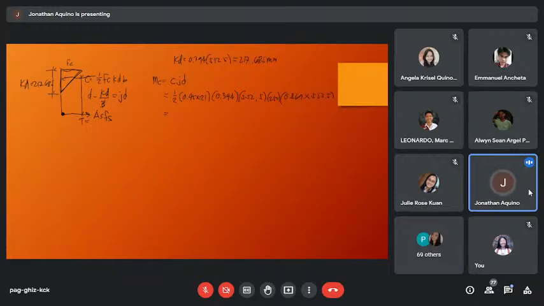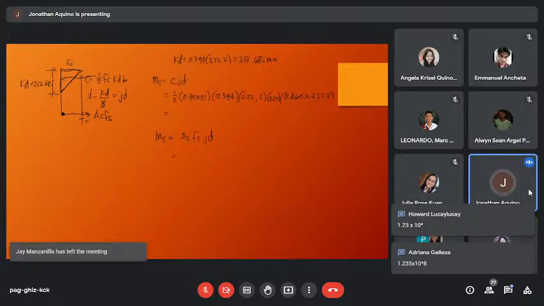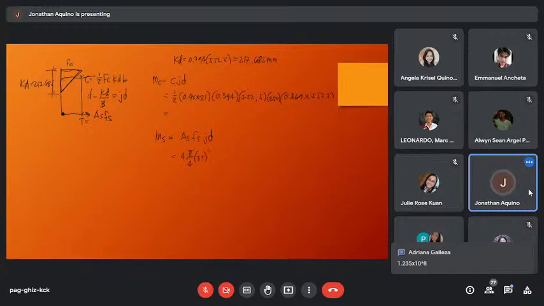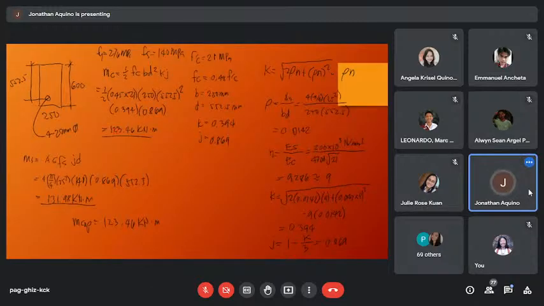Then considering steel, MS is equal to AS FS times JD. So this will give area of the 25 millimeter diameter bars na 4 times 25 squared times 140 times J of 0.869 times D of 552.5. Okay? So dapat yung result niya is same lang dun sa previously computed values ng MS saka MC.